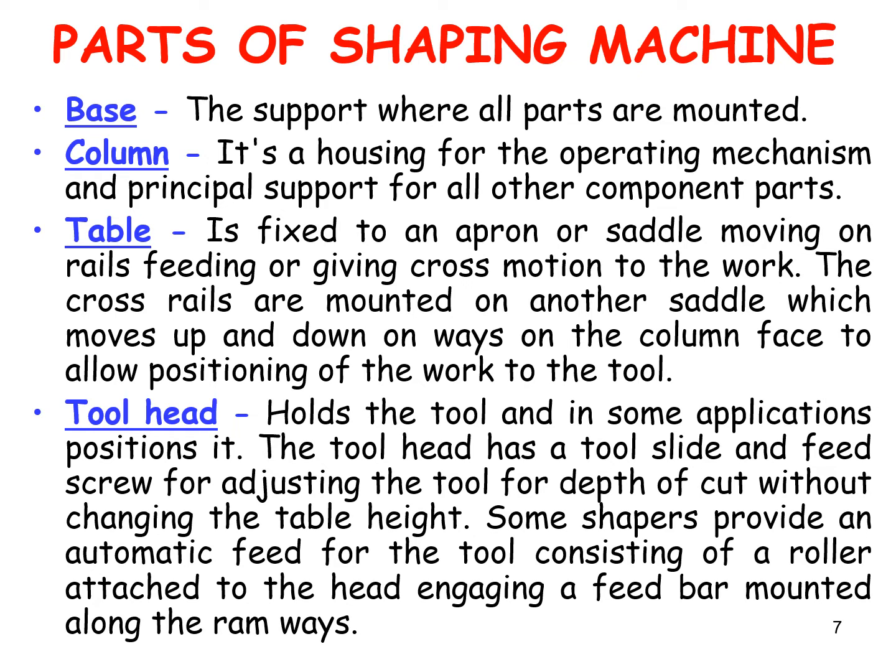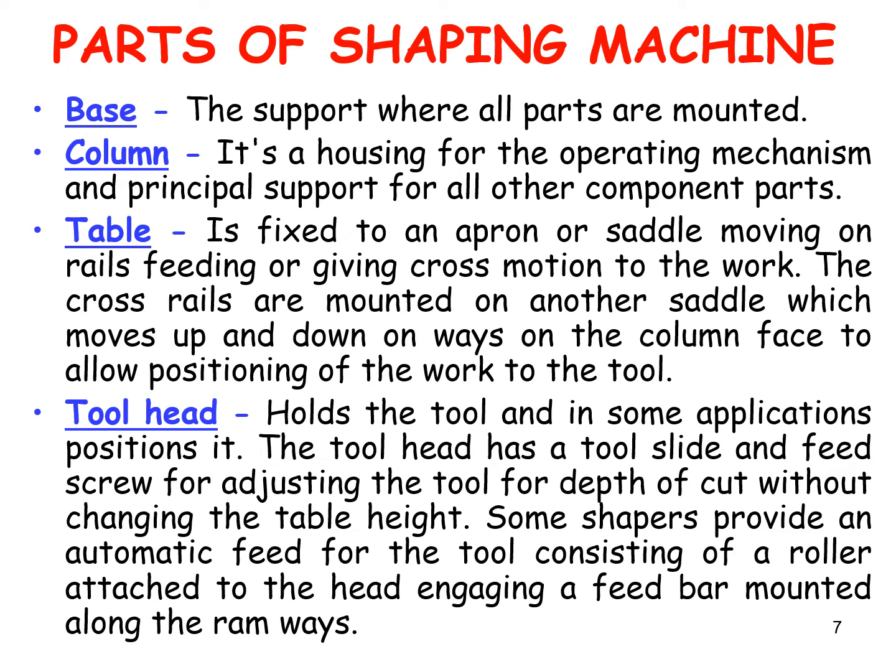Base: the support where all the parts are mounted. Column: a housing for all operating mechanisms and the principal support for all other component parts. Table is fixed to an apron or saddle moving on the rails, feeding or giving cross motion to the work.